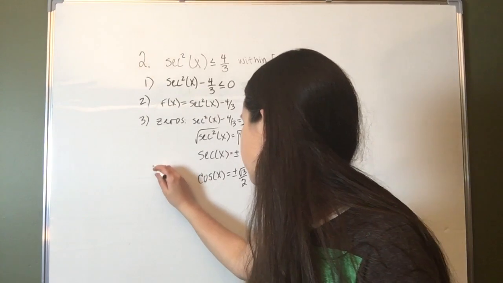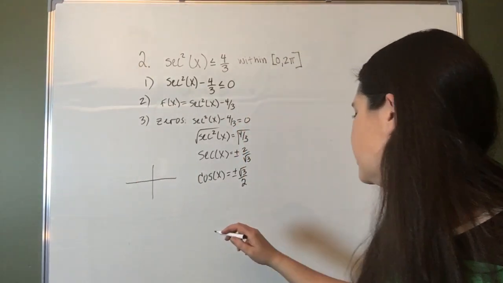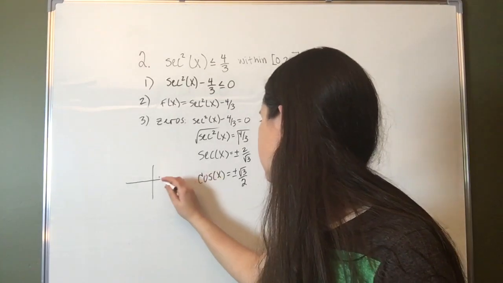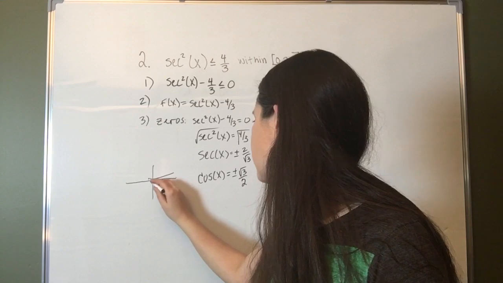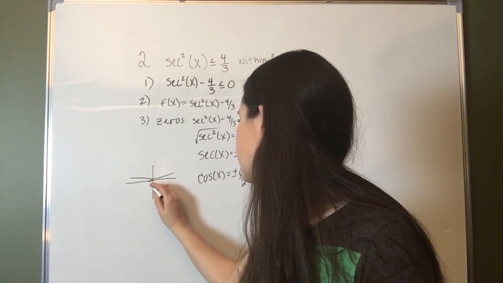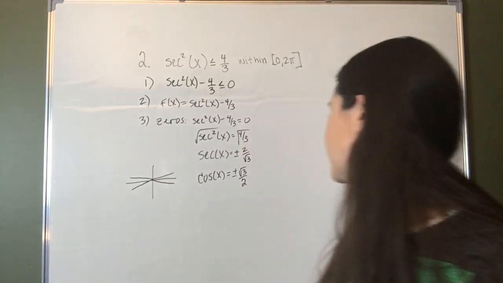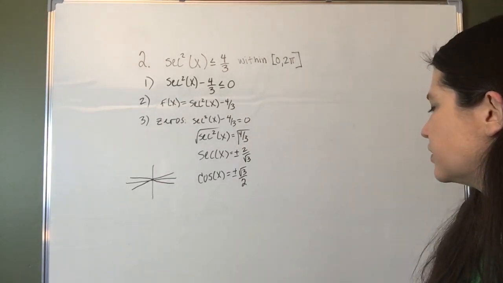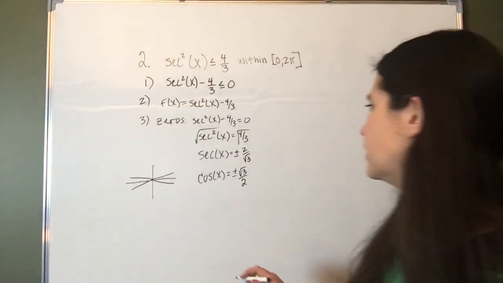Well, if you think about it, it's going to happen at pi over 6, 5 pi over 6, 7 pi over 6, and 11 pi over 6. All right, so how could we write that in a simple way?